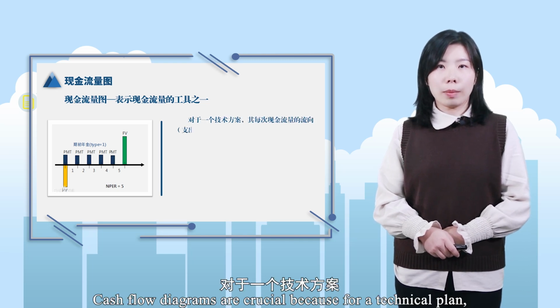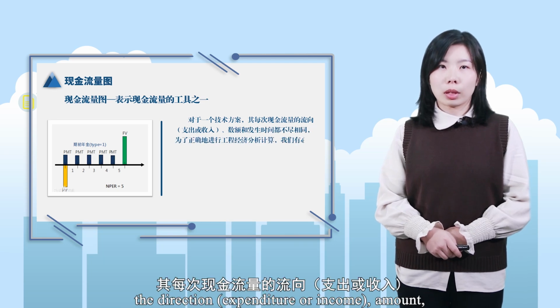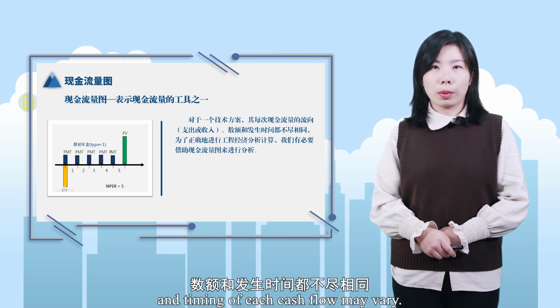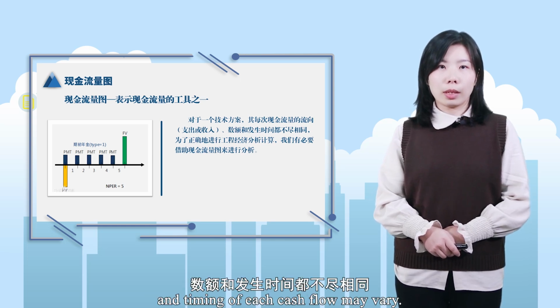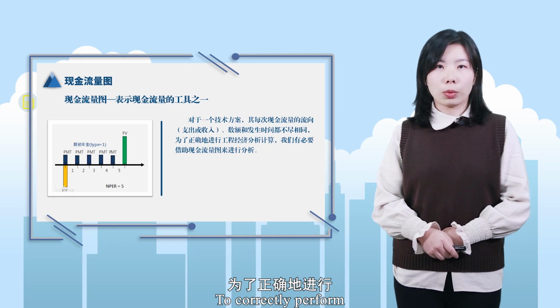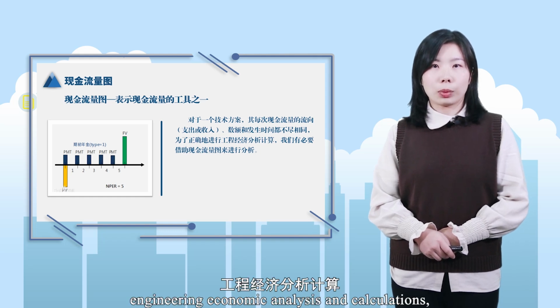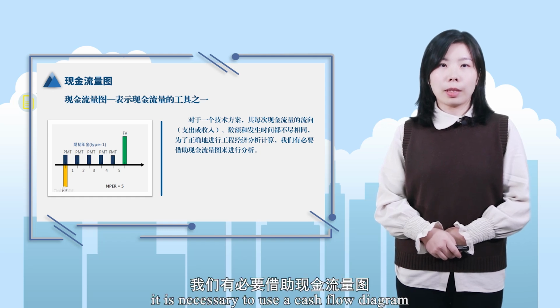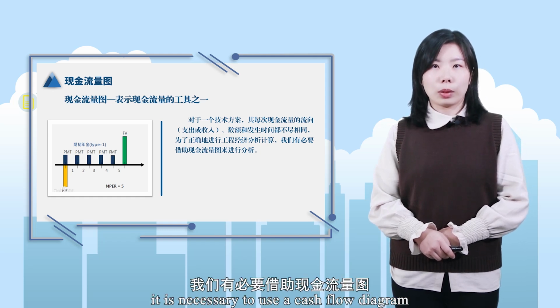Cash flow diagrams are crucial because for a technical plan, the direction, expenditure, or income, amount, and timing of each cash flow may vary. To correctly perform engineering economic analysis and calculations, it is necessary to use a cash flow diagram.